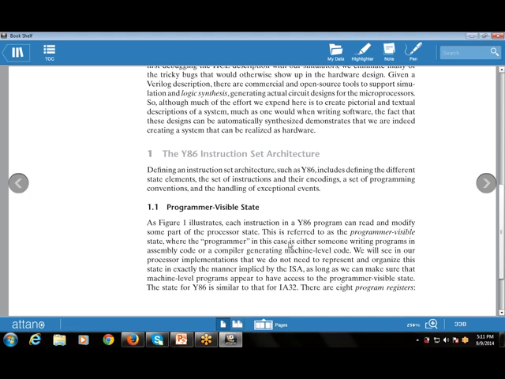That is referred to as the programmer visible state, where the programmer in this case is either someone writing the program or the compiler generating the machine level code. So the programmer may be someone who manually writes the program, or the compiler that gives the machine level code, like a compiler or interpreter.